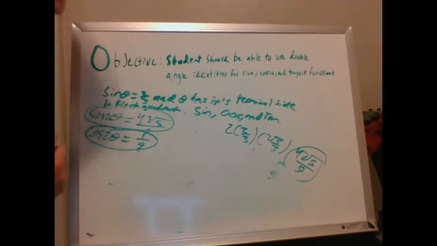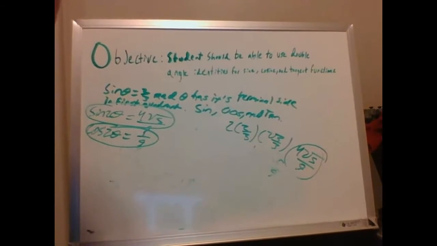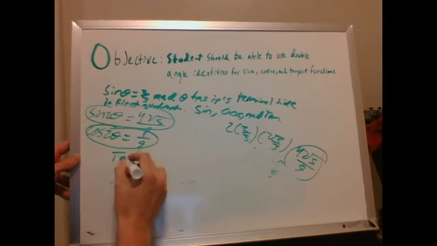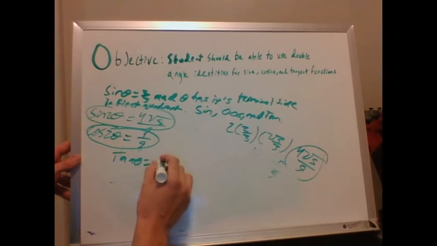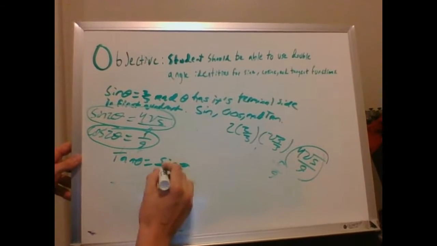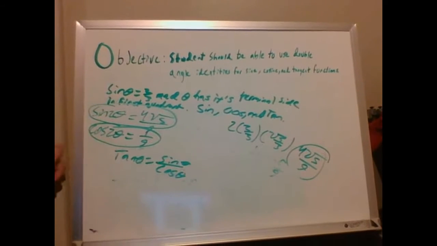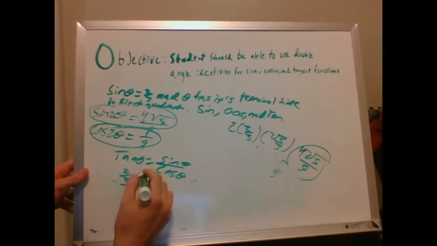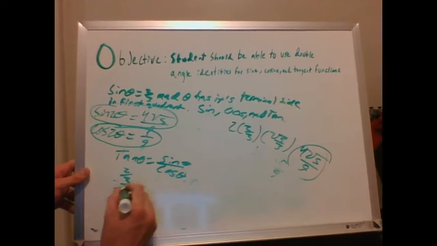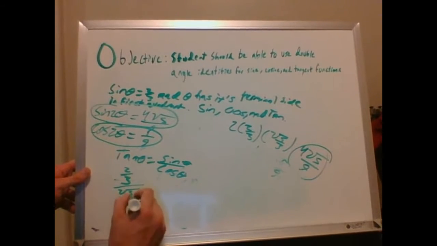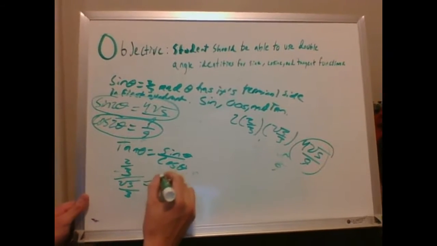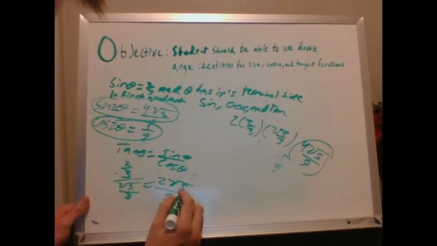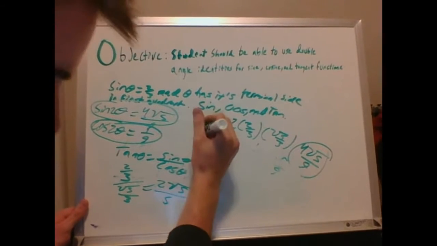And to find our last one, tan 2 theta, we have the equation of tan theta, sorry, that's not the equation. That's how you want to find tan theta. And then we'll have 2/3, since that's sine theta, over square root 5 over 3. And from there, we will end up with 2 square root 5 over 5.